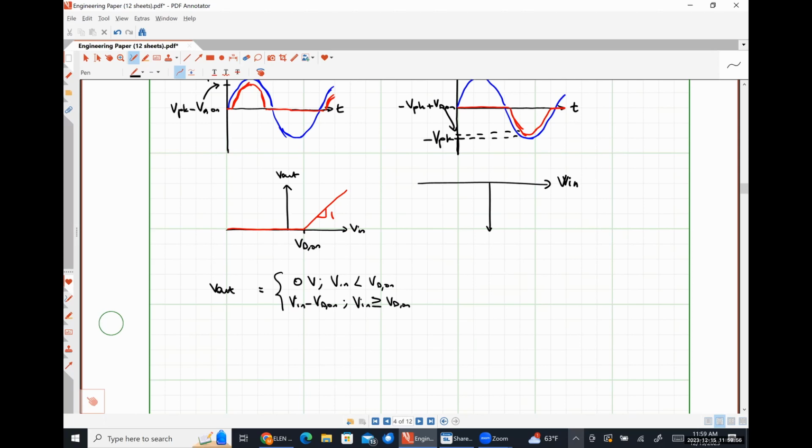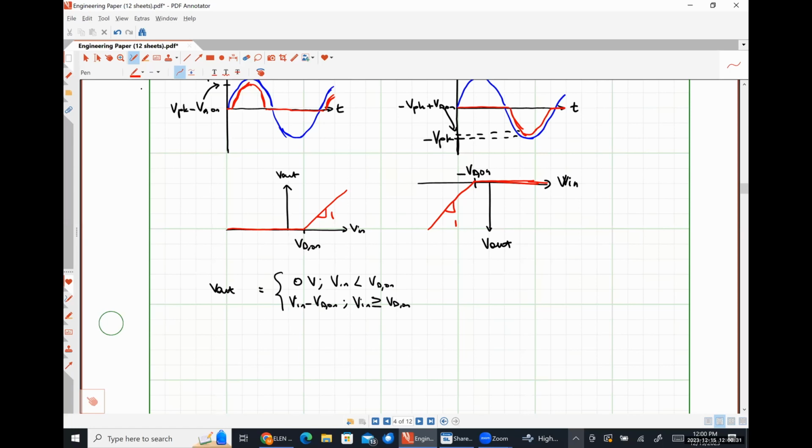V in, V out. Here's negative VD on. And so we should see a line with a slope of 1 here. And then effectively our diode turns off, like so.